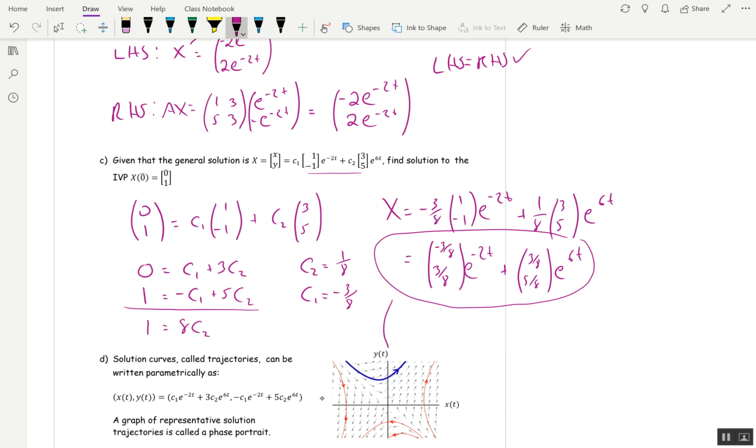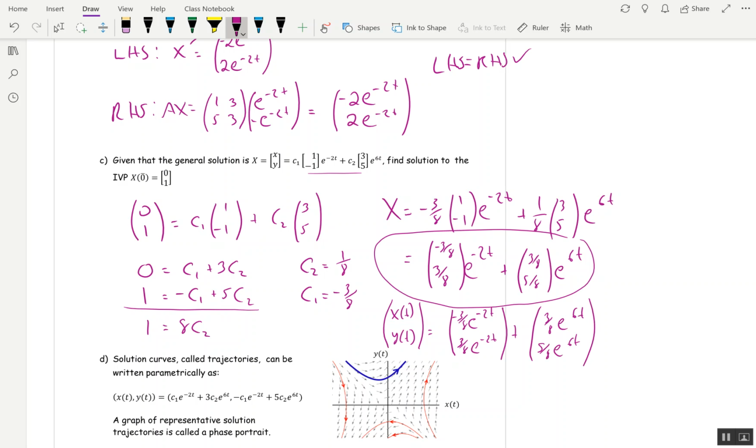You got your big X, which is little x, little y. And that's the vector negative 3/8 e to the negative 2t, 3/8 e to the negative 2t, plus the vector 3/8 e to the 6t, and then 5/8 e to the 6t.